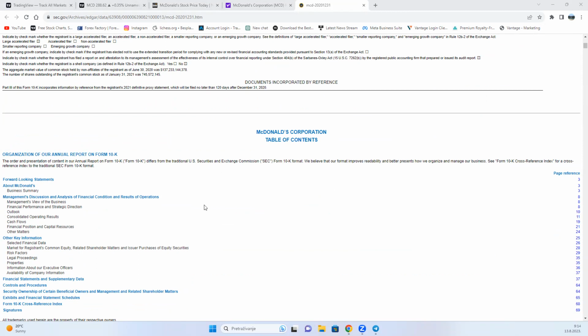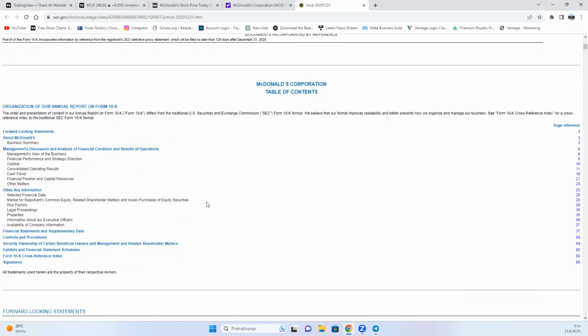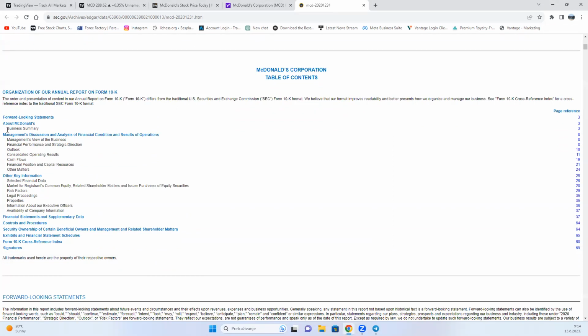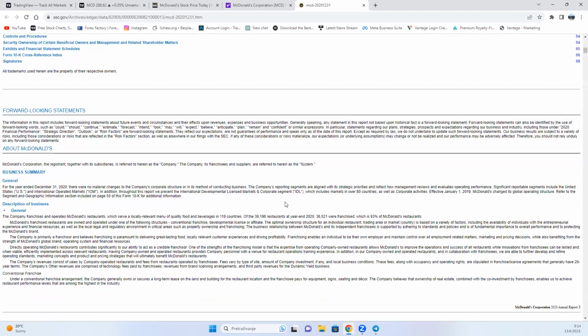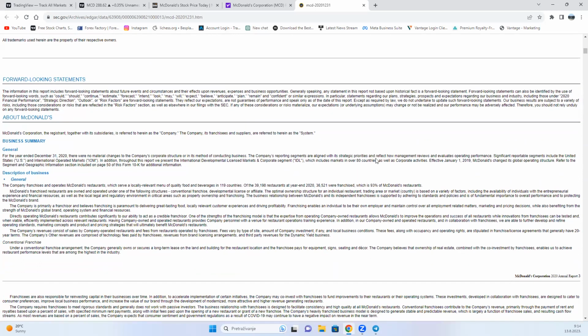Coca-Cola makes a syrup and sells that syrup to bottlers that turn it into a liquid drink, and then they sell it to a third party who sells it to us, the customers. If you look at McDonald's, you see here the business summary, management's view of the business, outlook, and all that. Then at the beginning, they say, here is the business summary of McDonald's.